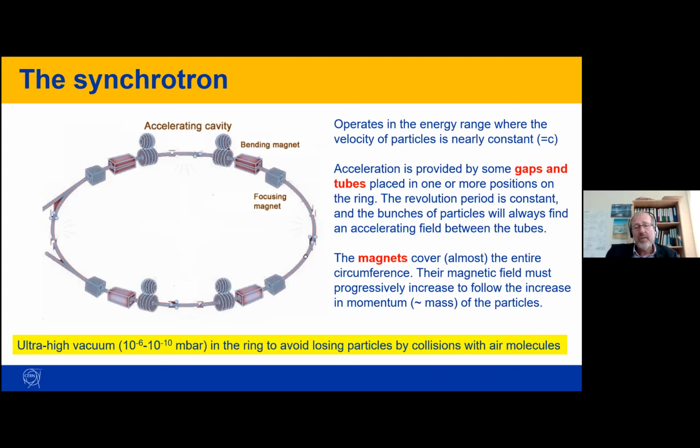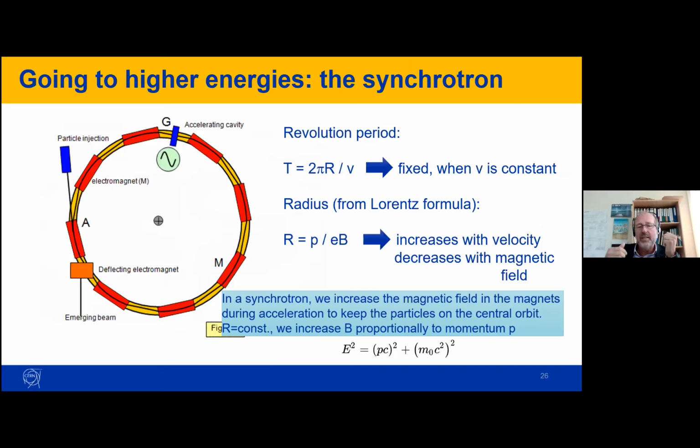But all synchrotrons are very similar. They are all based on three basic elements: bending magnets, accelerating cavities, and focusing magnets. How can they work? What is the trick to make a synchrotron work?